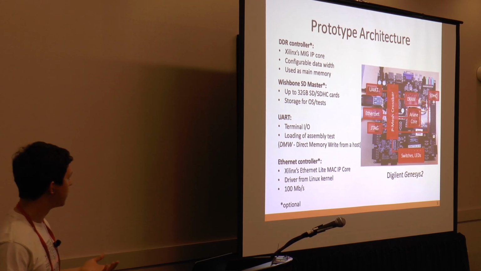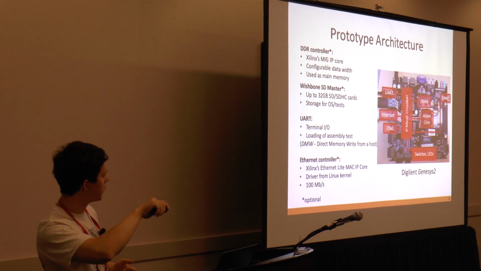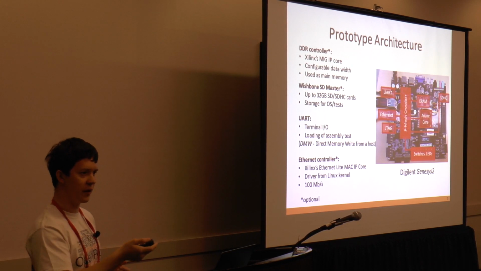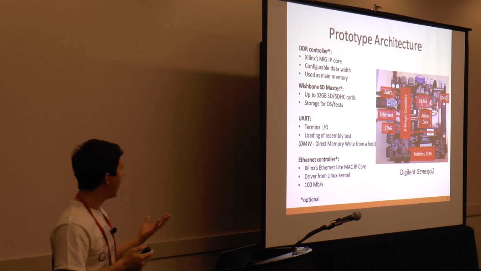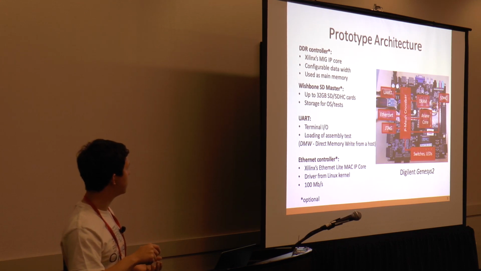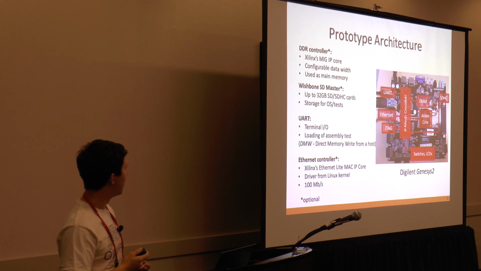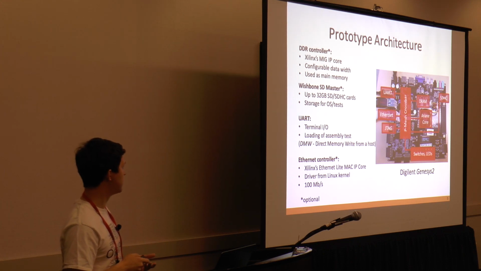Prototype architecture. There is basically the main part, which is the Ariane core here on the chip. It's actually the same board as you have in front of you. And everything around this is I/O. First we have the DDR controllers over there. So DRAM, it has 2 gigabytes on this board and is used as main memory.